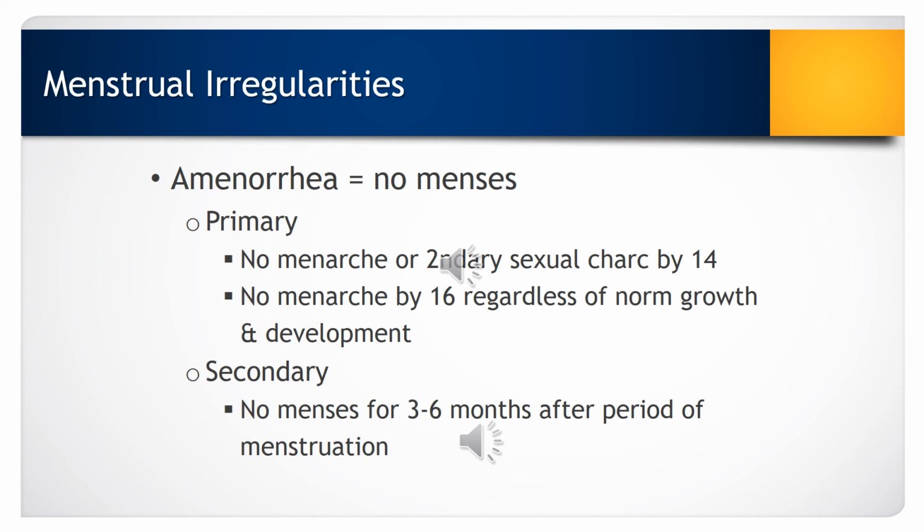Follicle stimulating hormone, gonadotropin releasing hormone, which we know helps to trigger the menstrual cycle. Management usually consists of emotional support or hormone therapy if there is some hormonal imbalance identified.